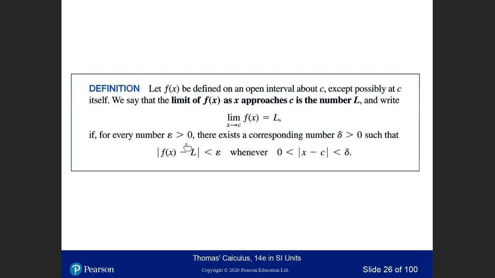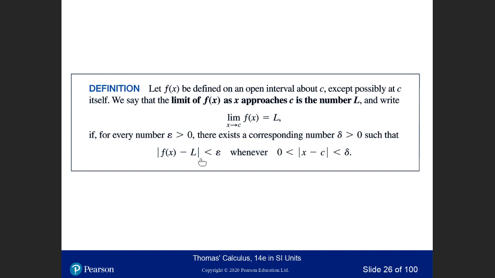For every positive real number epsilon greater than 0, we have to find a delta greater than 0, such that whenever x is in this interval, except x equal to c, this must be true.